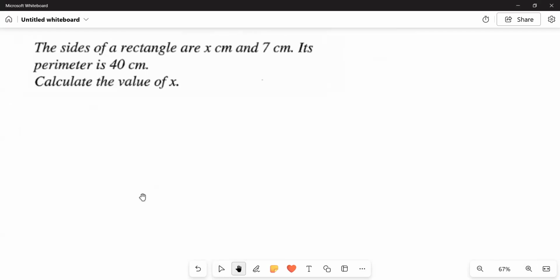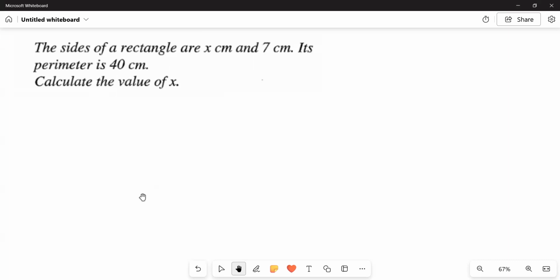You can see this one? So here you have some information given. In this one, you don't have to worry about giving the variable or the unknown a name. They already give it. They call it X. So you don't have to do that.